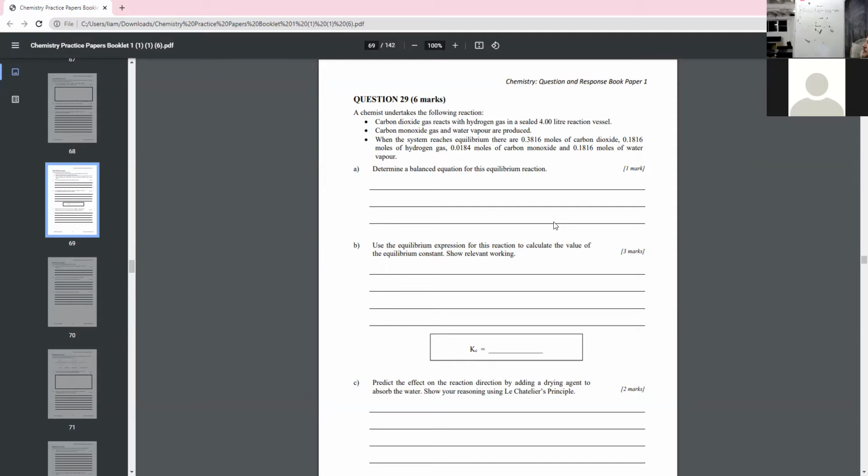What's the first thing we write? So calculate, and to get full marks, we would have to write Kc.